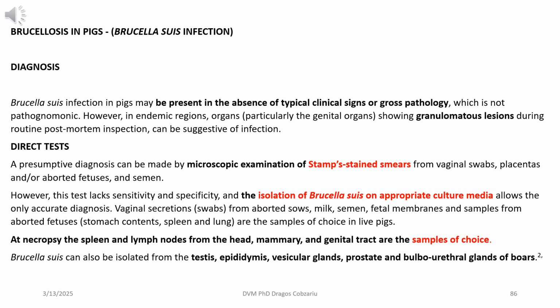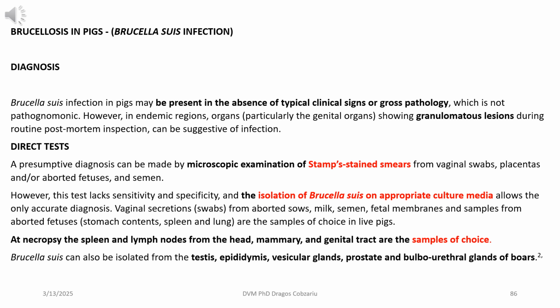Direct tests. A presumptive diagnosis can be made by microscopic examination of Stamp-stained smears from vaginal swabs, placentas and/or aborted fetuses, and semen. However, this test lacks sensitivity and specificity, and the isolation of Brucella on appropriate culture media allows the only accurate diagnosis.